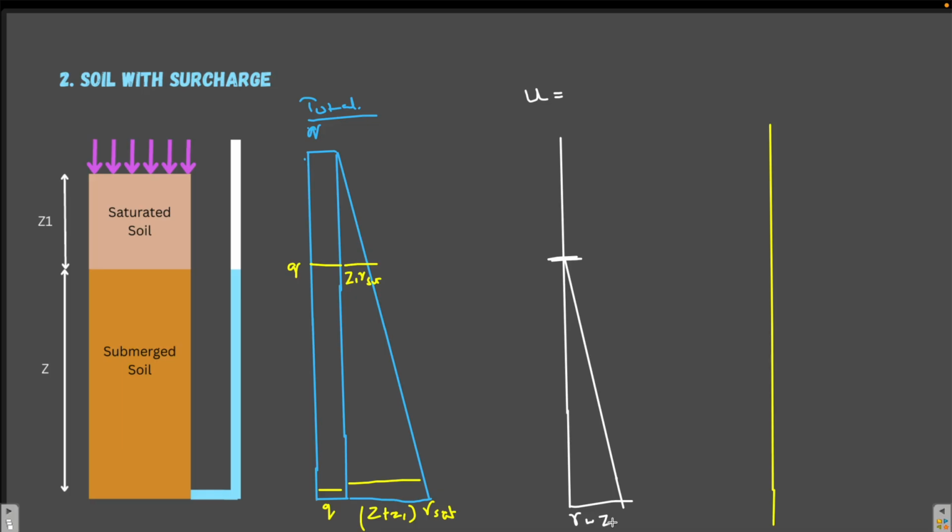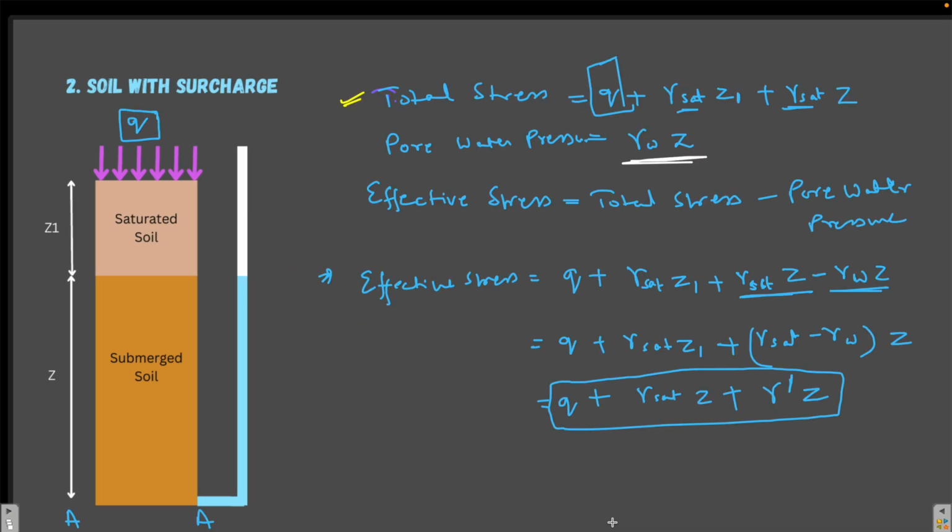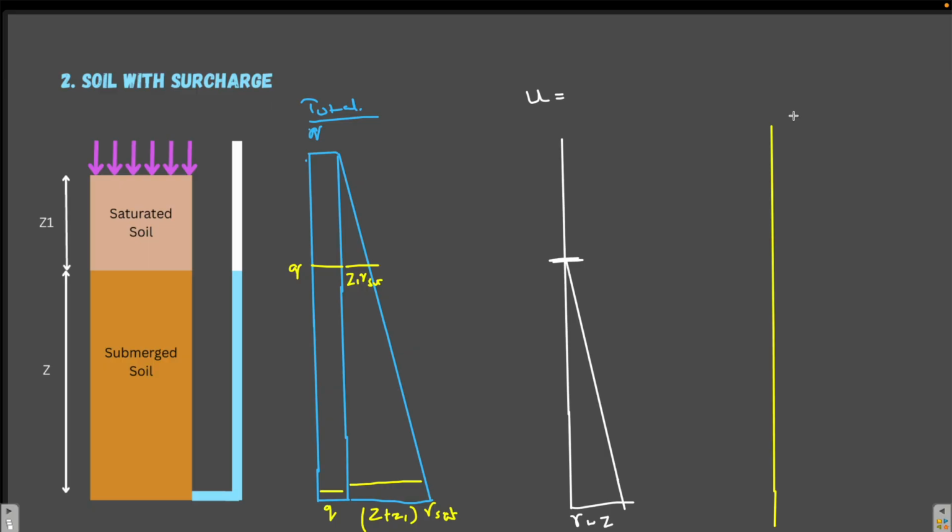Now, if you subtract these two, what will you get? We get the effective stress, which we have calculated earlier. Total stress minus the pore water pressure gives you the effective stress, and that will be equal to Q plus gamma saturated into Z1 plus gamma submerged into Z. So the final effective stress will be the total stress minus the pore water pressure.